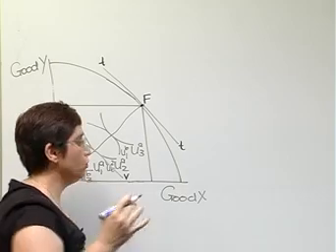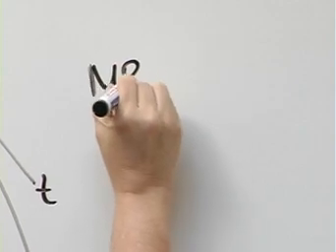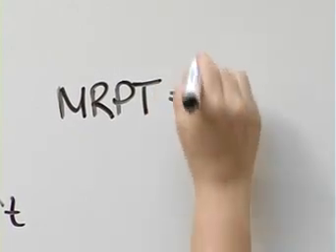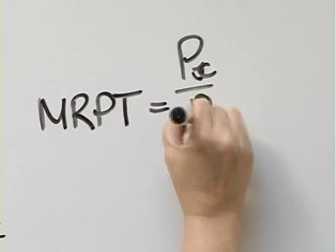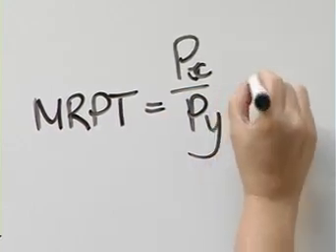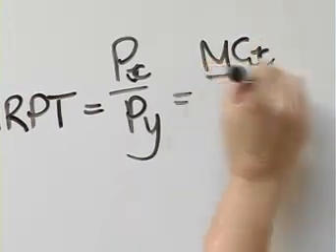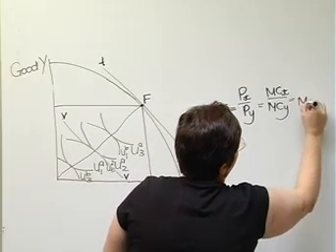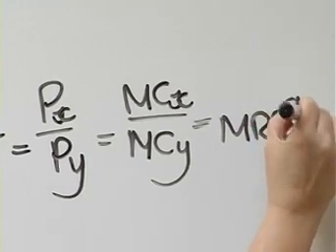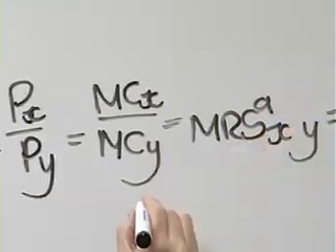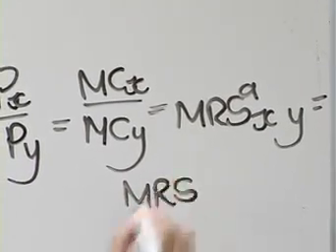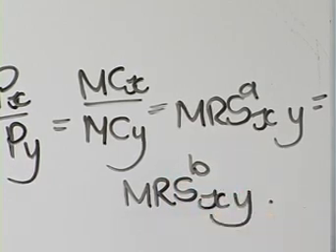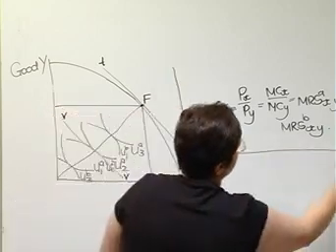Remember from your condition 1, marginal rate of product transformation equals Px on Py, the relative price, equals MCx on MCy, because we're talking about production, equals MRS A of xy equals MRS, or marginal rate of substitution, of B for good X and Y. So this is your equation that's important.